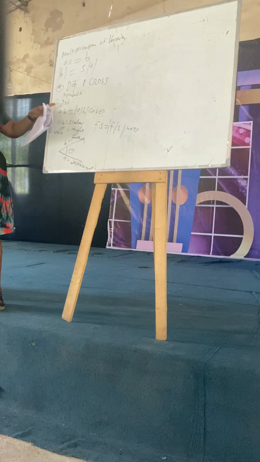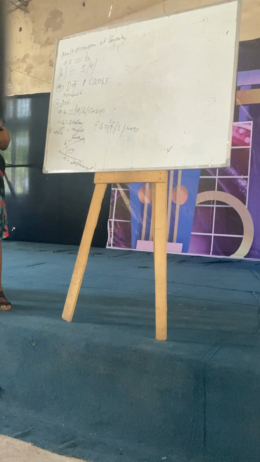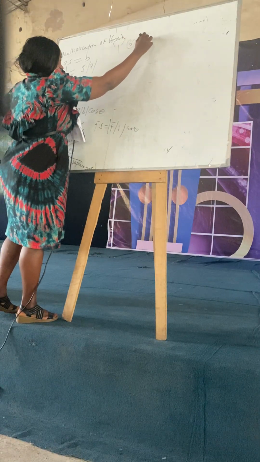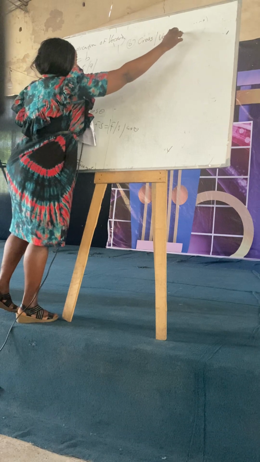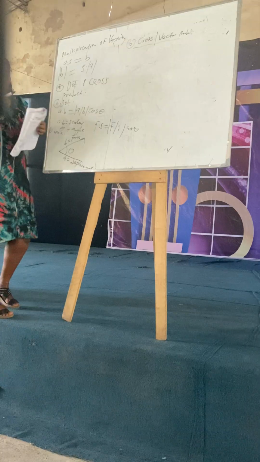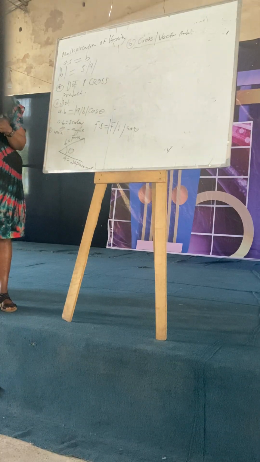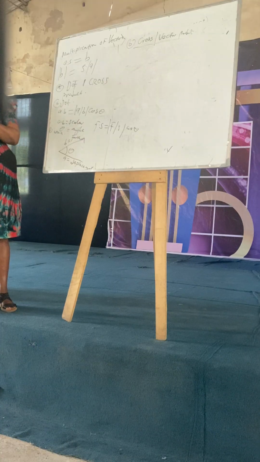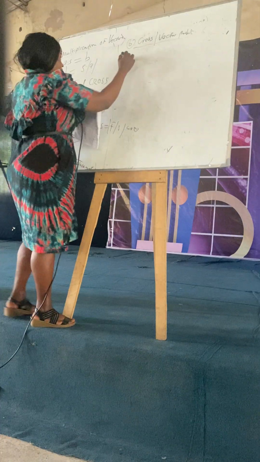Now, the cross product, or what we call the vector product. The cross product of two vectors, let's say A and B, gives us another vector.